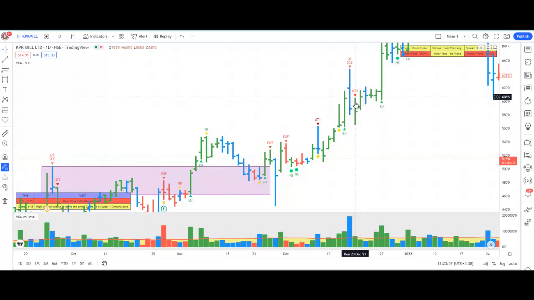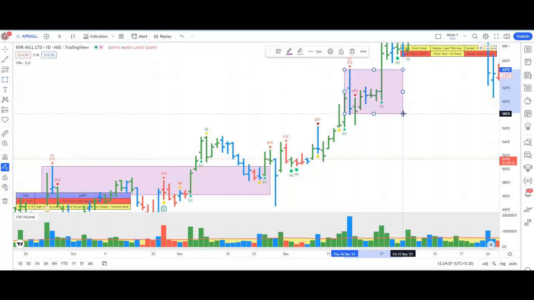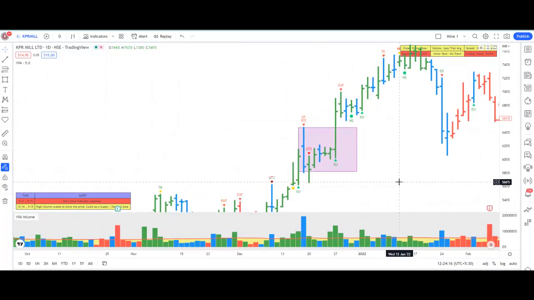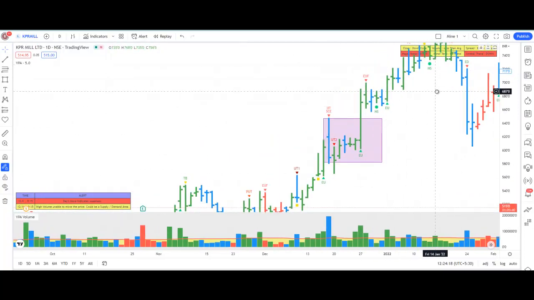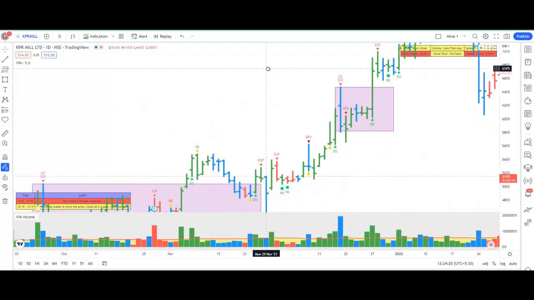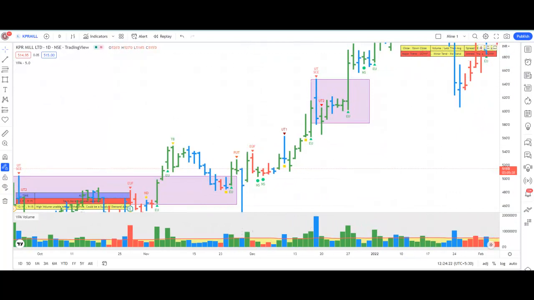As we can see, this is an up bar negating the weakness or the confirmation of the UT2 bar, and very soon it took out the supply region of the UT bar and it started moving up further. So this is an example of UT2 bar.